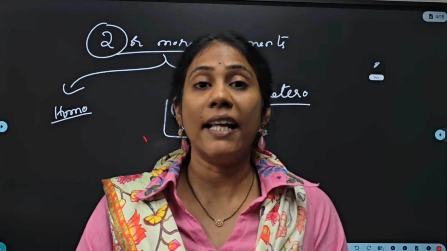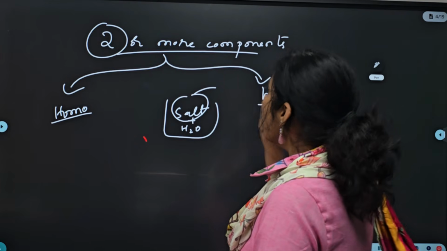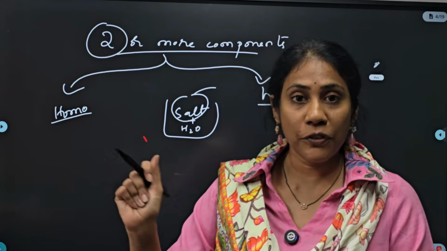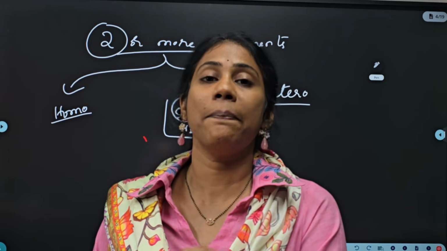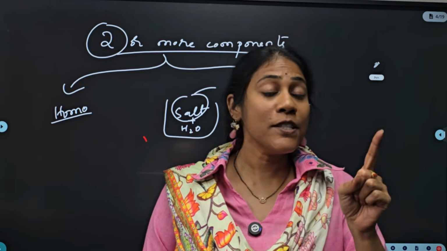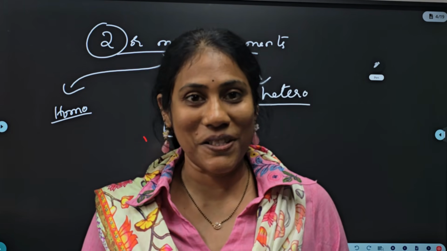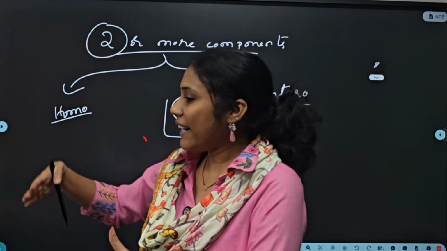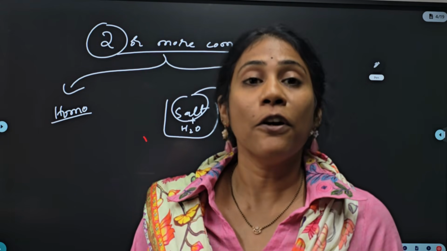They are called separation techniques. If you want to separate one component from another, one or the other suitable separation technique you have to use. And also remember, there is no single technique for all kinds of mixtures. For different kinds of mixtures, different separation techniques are performed.